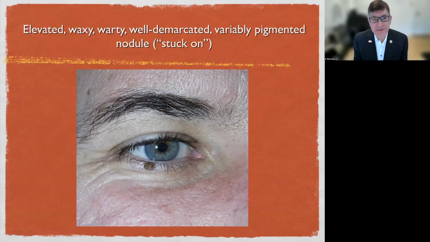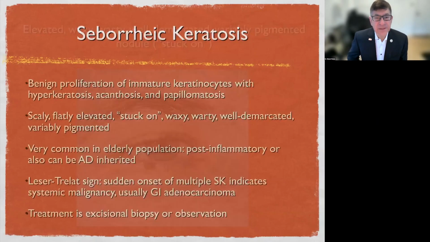How about this mass? How would you describe this at this patient's right lower lid? I describe this as an elevated, waxy, warty, well-demarcated, variably pigmented nodule. In English, we use the term stuck on. It looks like someone just stuck it there. Seborrheic keratosis is a diagnosis. This is a benign proliferation of immature keratinocytes with hyperkeratosis, acanthosis, and papillomatosis.